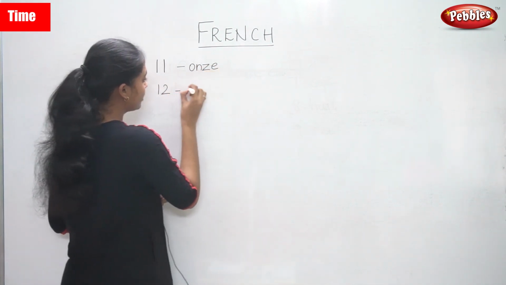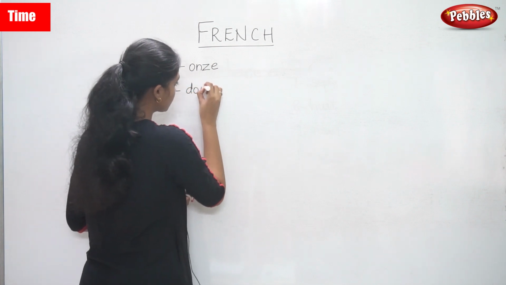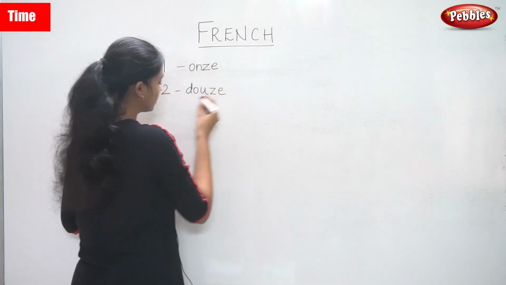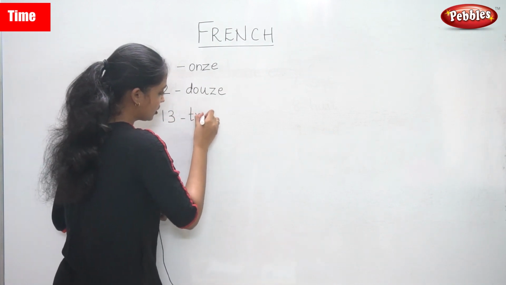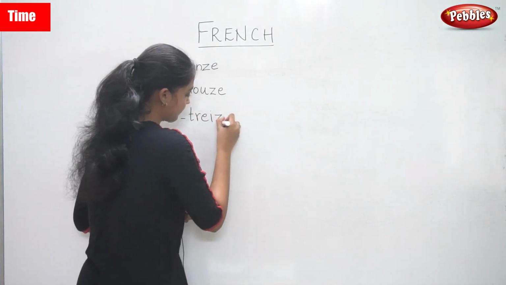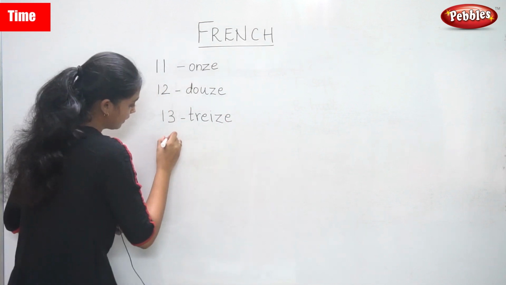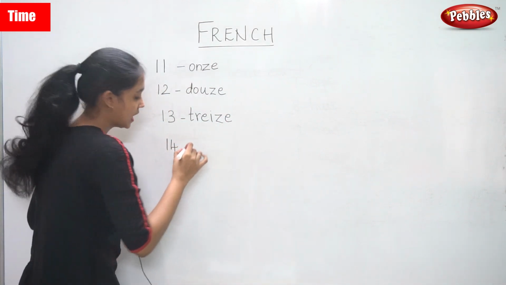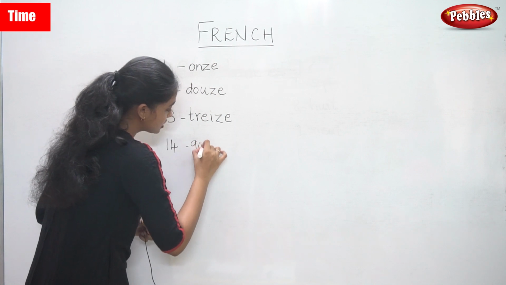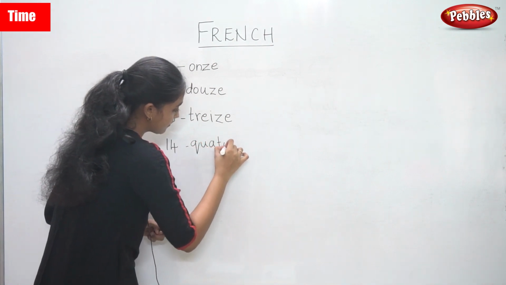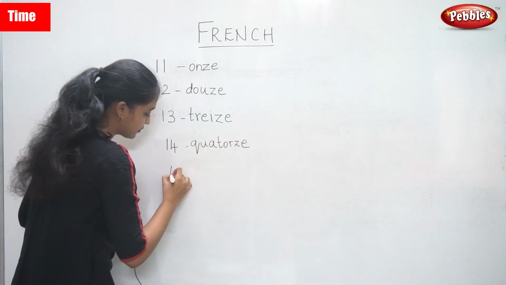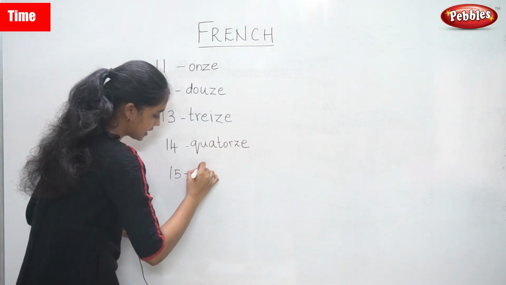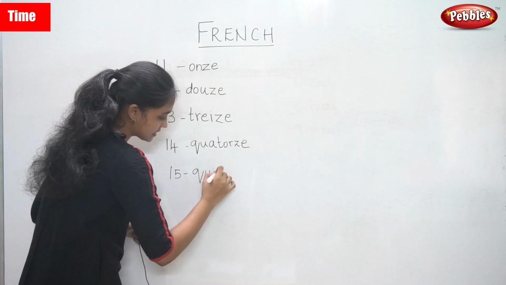For 12, douze. 13 is treize. 14 is quatorze. Number 15 is quinze.